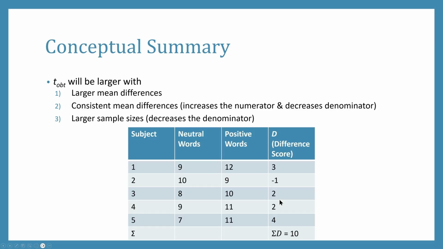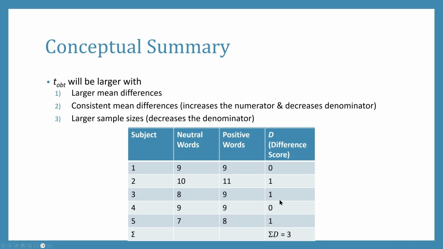So just as an example, this was the thing that we started off with. If we do a study, we might actually see that people really don't change. In this case, a lot of people are basically the same, or like 1 word more from the different list. And so when you sum it all up, the difference score is 3.